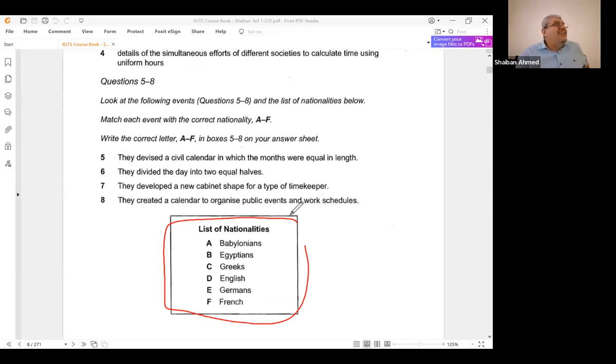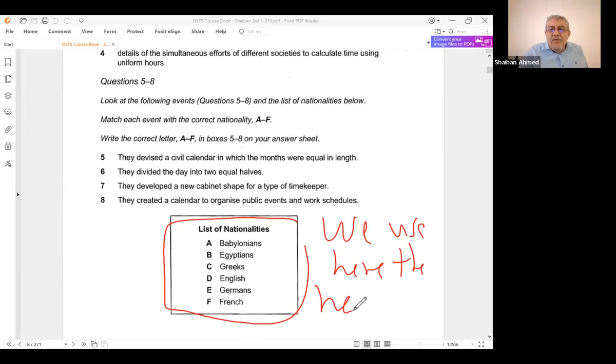But what's the technique here? We use the headings technique, by exclusion.